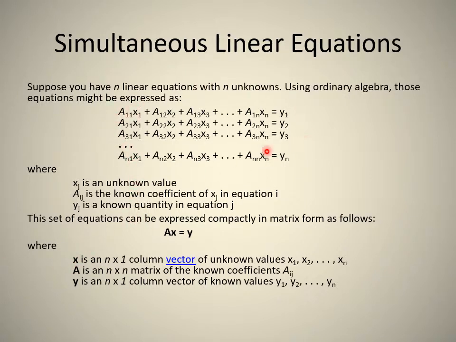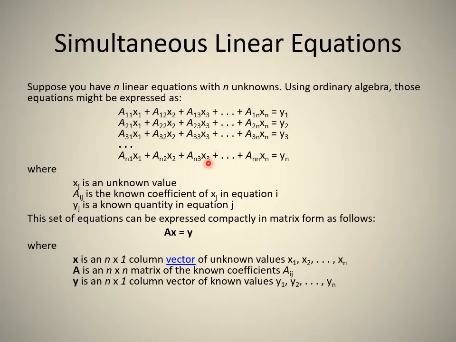We could then also rewrite all these equations in a new manner. We have a coefficient matrix A, and A will be a square matrix with the number of unknowns as the rows and the number of equations as the columns.